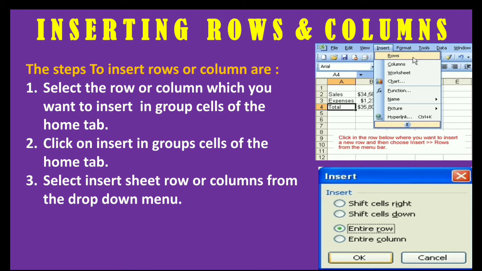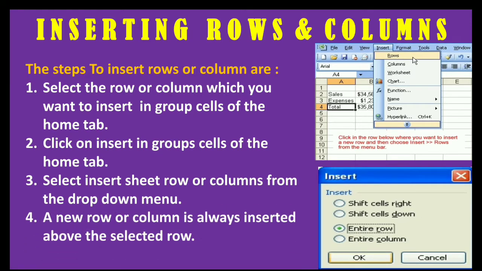Suppose you want to insert a row, then you have to select row, and if you want a column, you have to select Insert column from the drop-down menu. And last, a new row or column is automatically inserted in the worksheet.